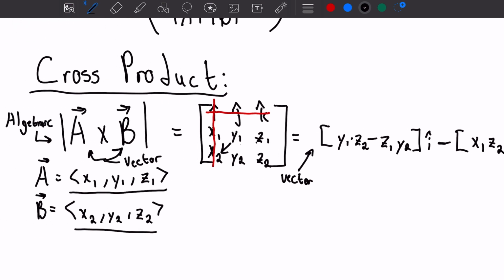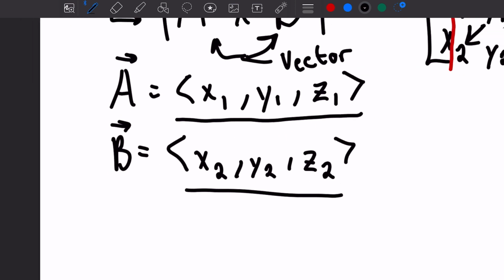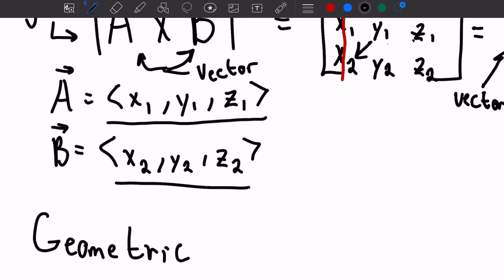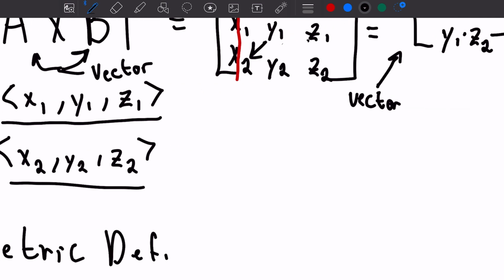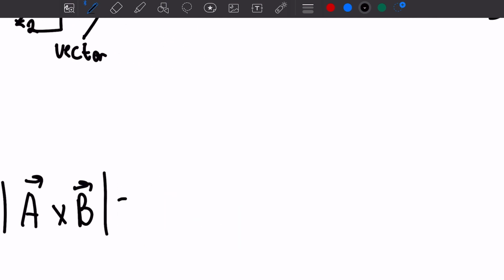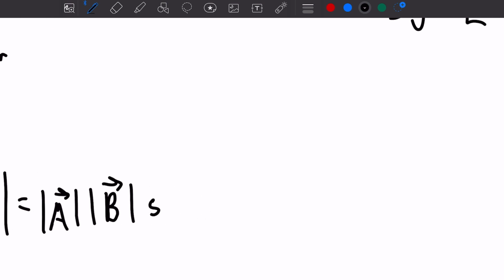But going back to what we were talking about earlier, there is also a geometric definition of the cross product. So this one is going to be very, very similar to what we saw with our dot product. So again, we're going to have our magnitude of A times our magnitude of B. But this time, instead of cosine, you will have sine theta.